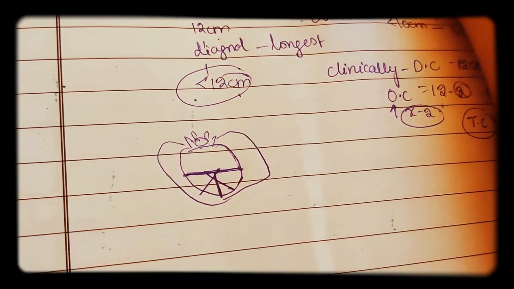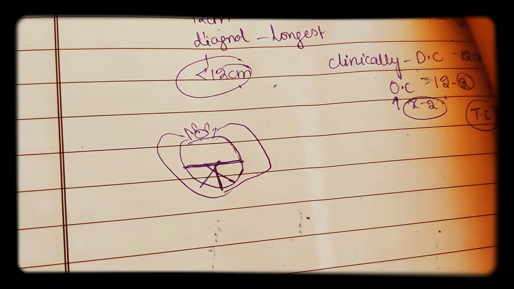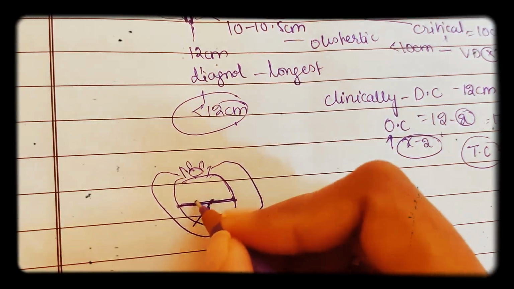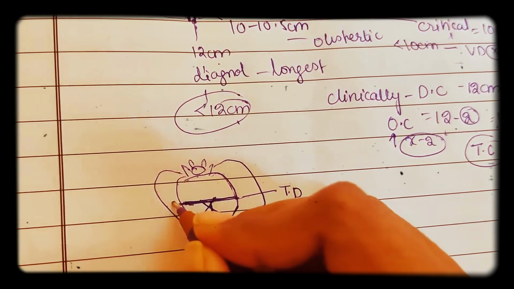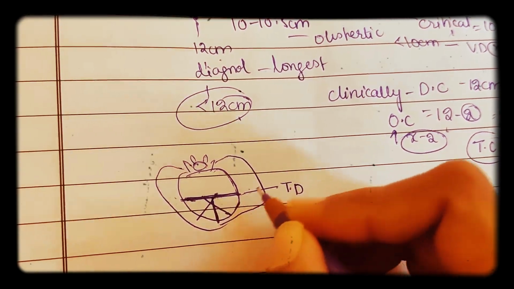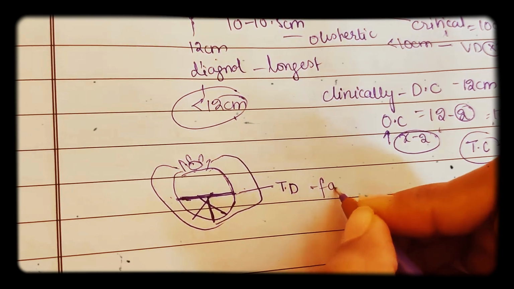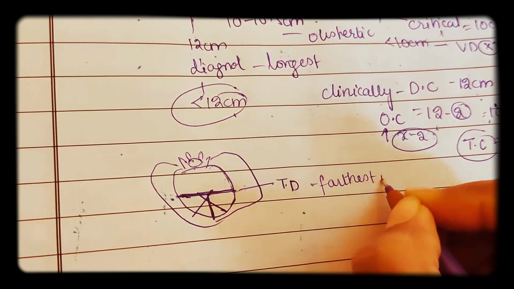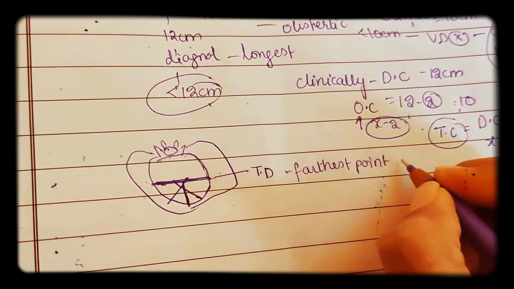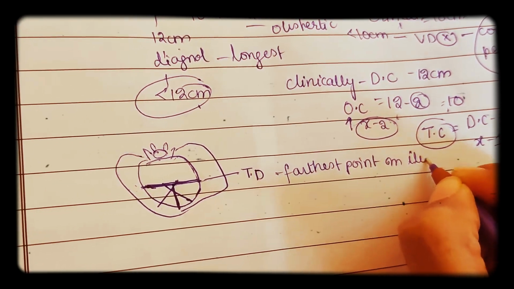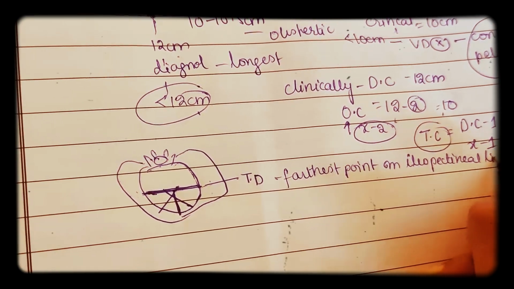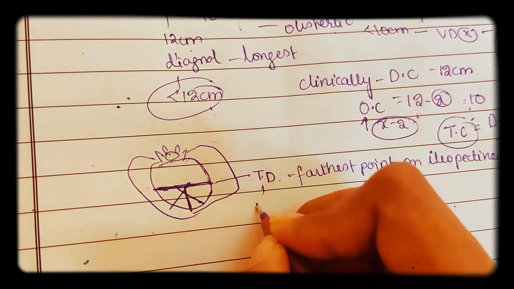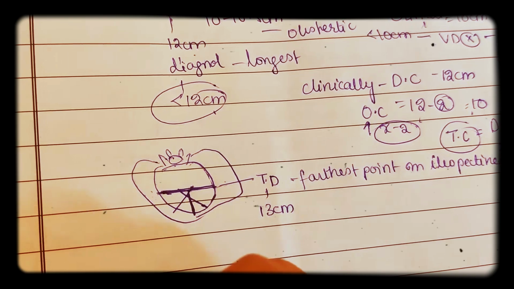First let us discuss the transverse diameter and oblique diameter of the pelvic inlet. This is called the transverse diameter. It is the distance between the two farthest points in the iliopectineal lines, and this transverse diameter is about 13 centimeters.